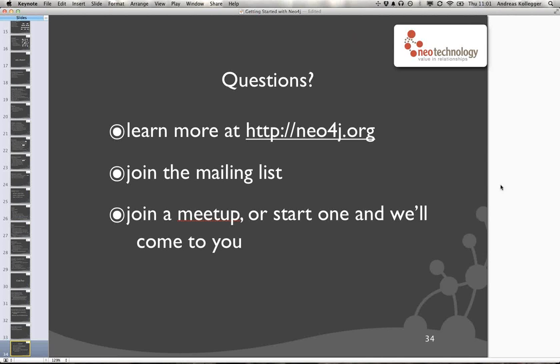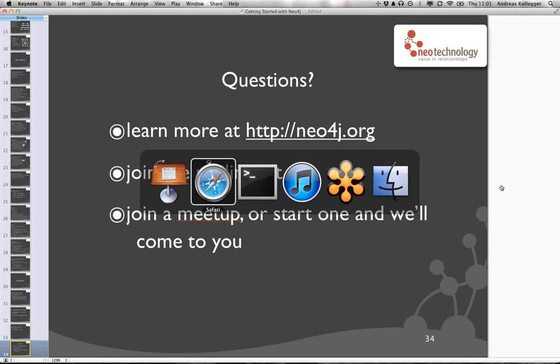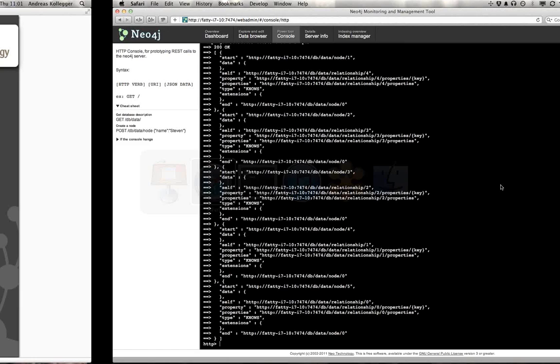Okay, another question. How do I run a web admin using the high availability version? Sure, with high availability, each of the servers that you fire up will have a web admin panel available. Let me jump back to the panel for a second. What will be different when you run it in high availability mode is that if you go to the server info page here, there will be extra information about whether that server is currently running as a master, or if it's a slave, and which slave number it is, that kind of thing.